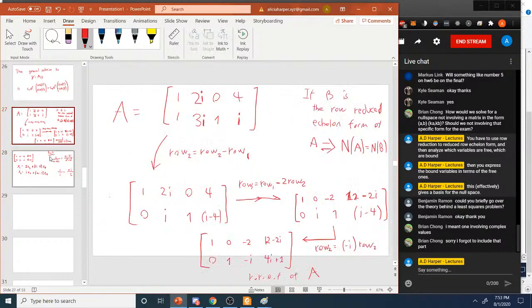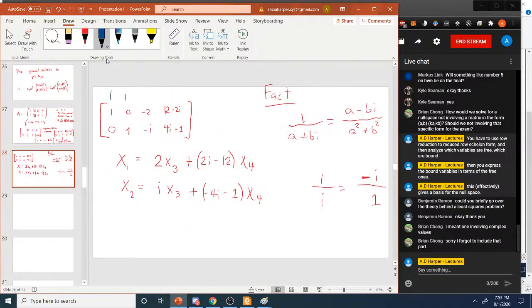Recalling that this and this correspond to free variables, and this corresponds to bound variables. And so I'm able to solve the system Bx equals 0. Sorry, I'm being an idiot. My mind starts to fry after about 2 hours. These are the bound variables. These are the free variables.